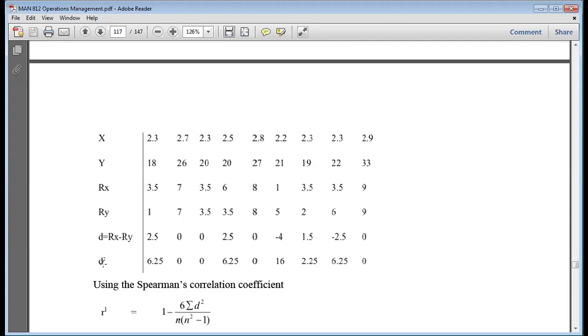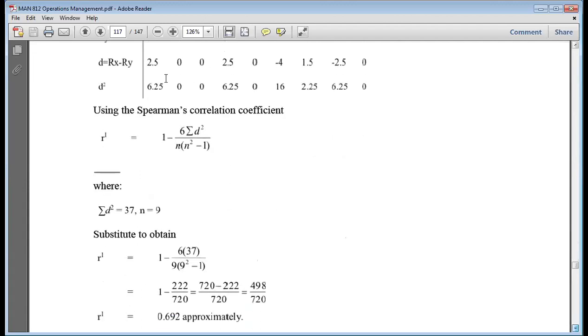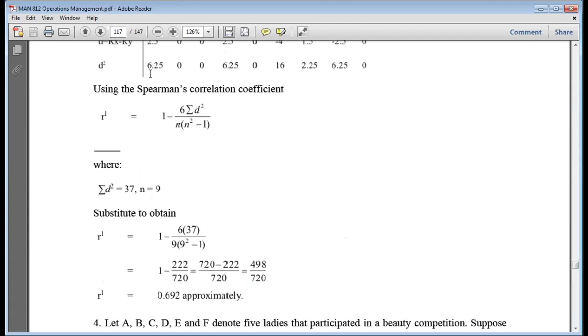Then you square the difference. When you square it, you get all these things. And remember the formula is 1 minus 6, 6 is constant, summation of d squared all over n. When you add all these things now, summation of d squared, you add everything. When you add everything, you get 37.